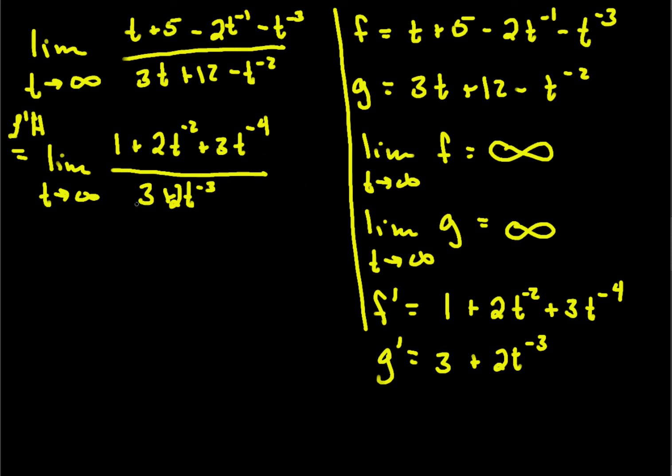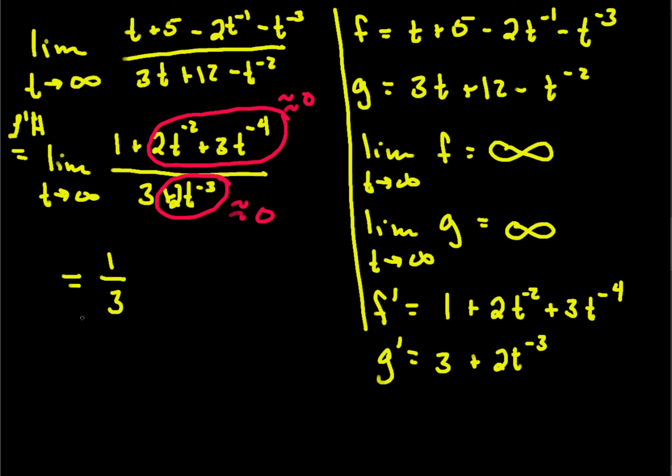Well, as t gets infinitely large, these are infinitely small, so they're approximately 0. And this is also approximately 0. And so in the limit, this is just equal to 1/3. In the previous chapter, we would have had to factor out the values of t and work this out. So without algebra, but using calculus, we can use L'Hopital's rule and get that this limit is 1/3.